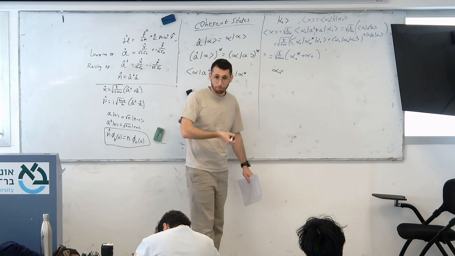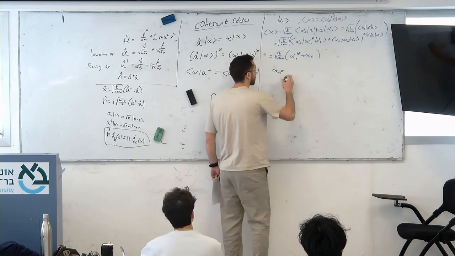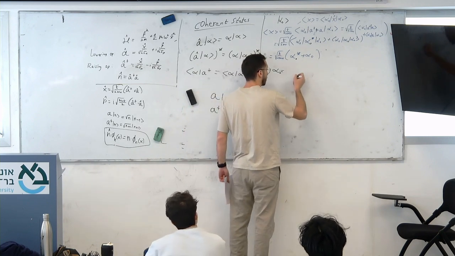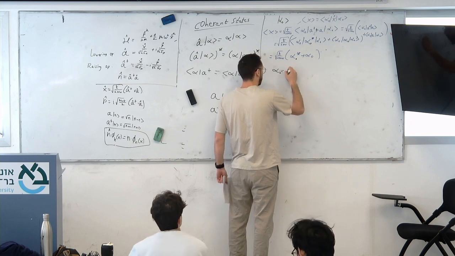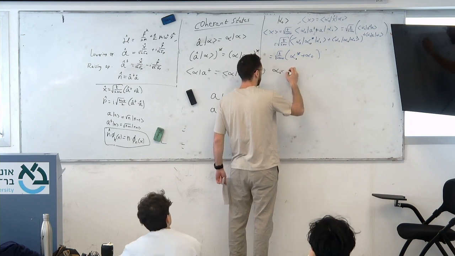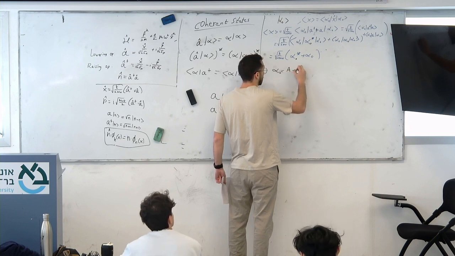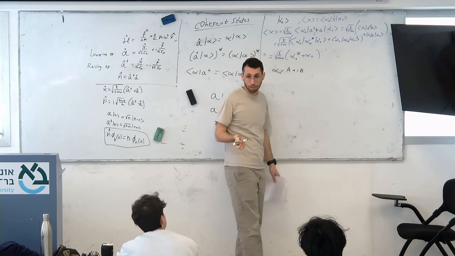Because alpha naught is some complex number, I can write it as capital A plus i capital B, where A and B are real numbers.